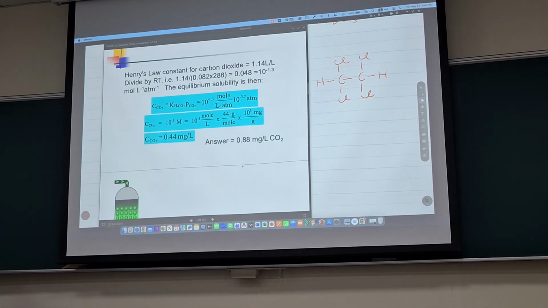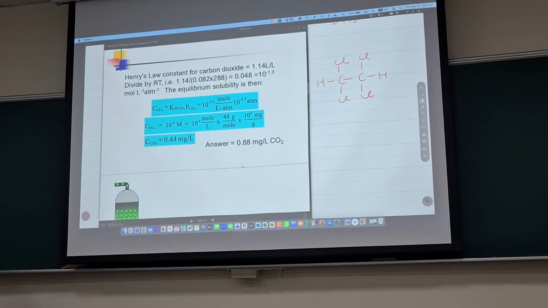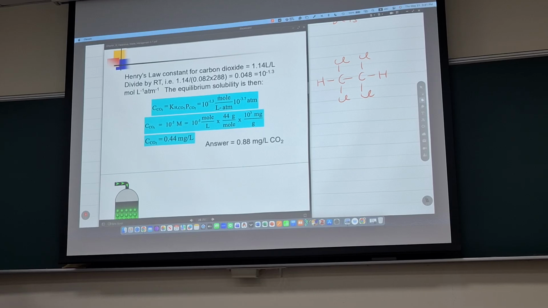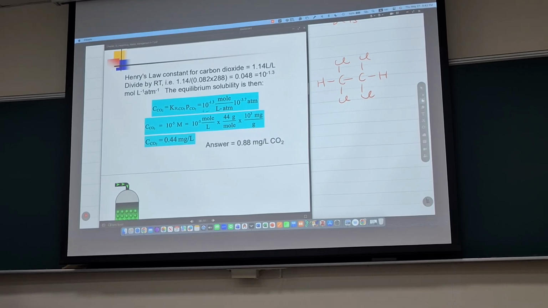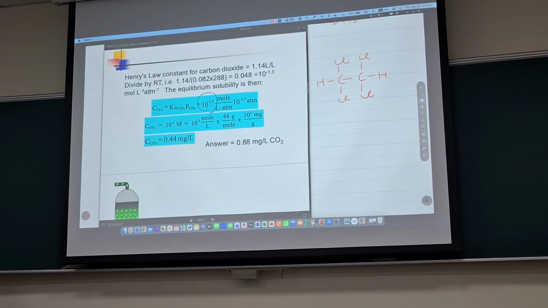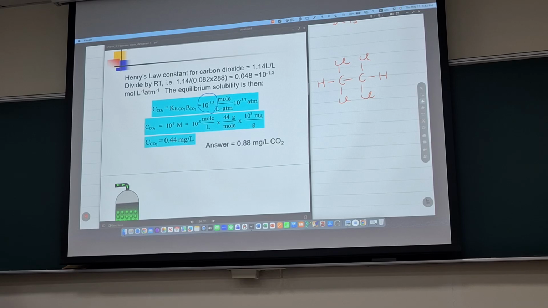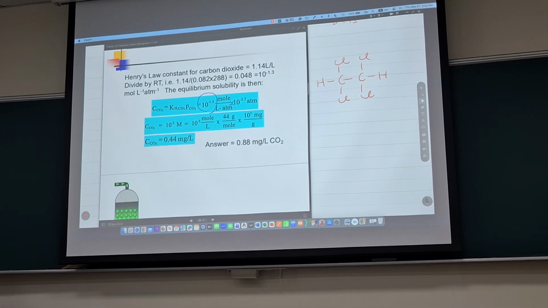Based on the calculation, the concentration of carbon dioxide equals K times the partial pressure of carbon dioxide, right? So it's 10 to the minus 1.3 times the partial pressure of carbon dioxide, 10 to the minus 3.7.